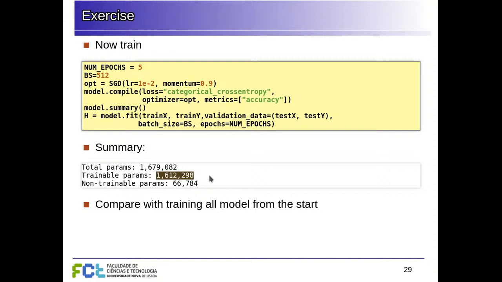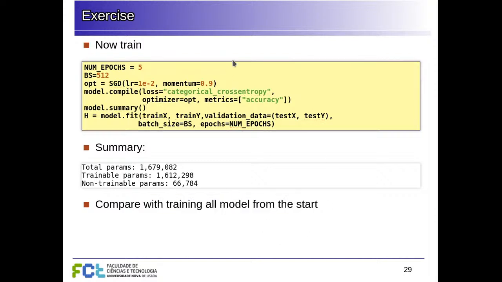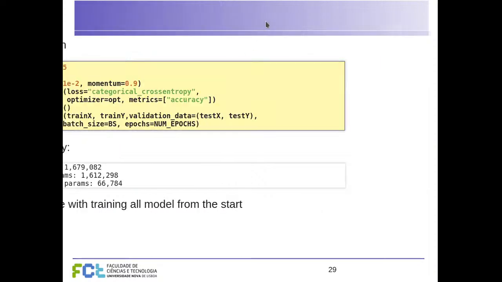These correspond to the dense layers at the end of the model. But you also have these 60,000 non-trainable parameters, which are the frozen parameters in the convolutional layers. And now you can train this and compare the time it takes to train, the performance, and so on, with the alternative of training everything from the start with the MNIST dataset.